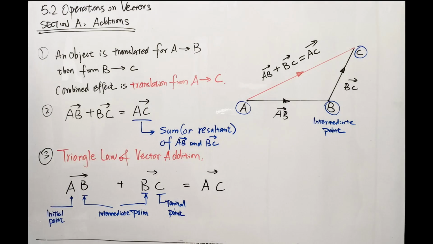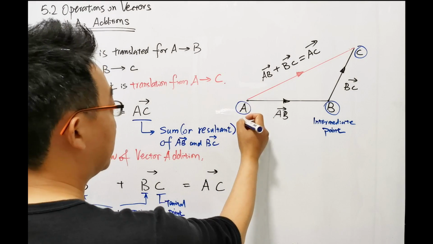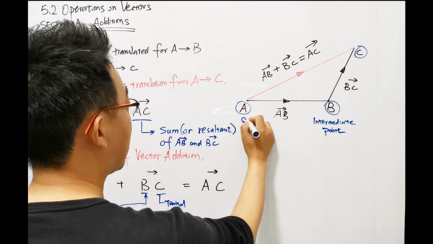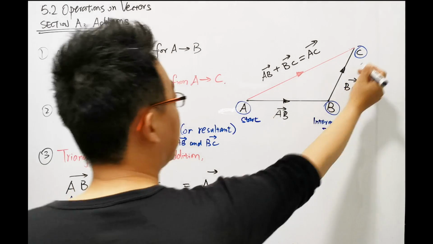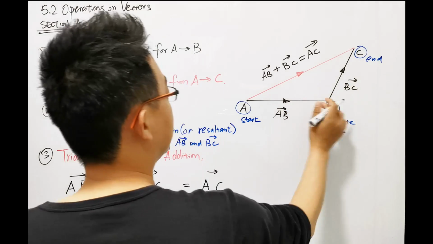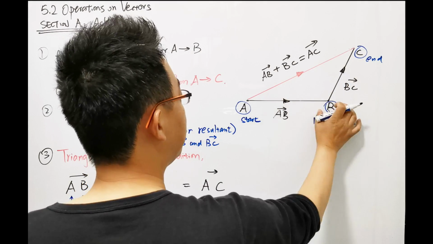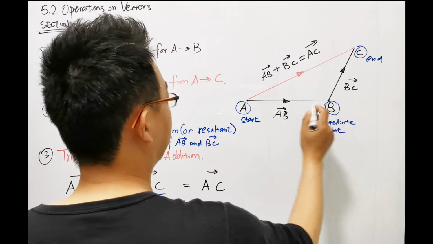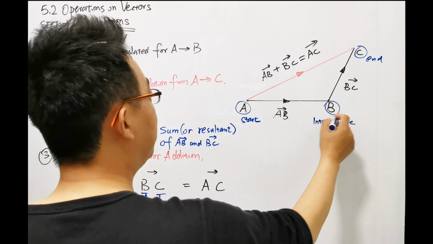So once we combine these two vectors together, anything in between the starting point and ending point is the intermediate point.